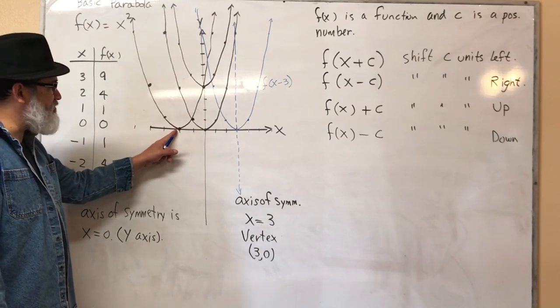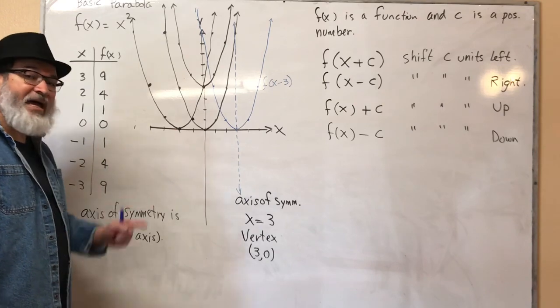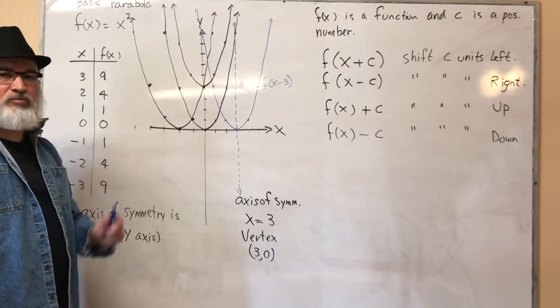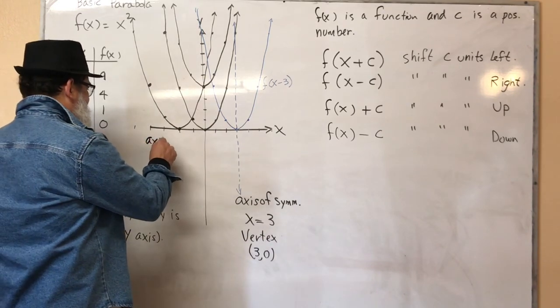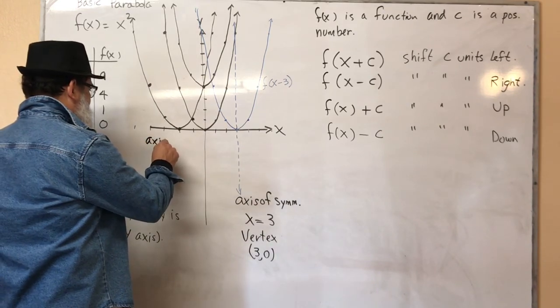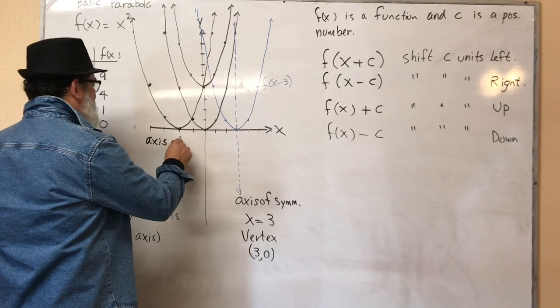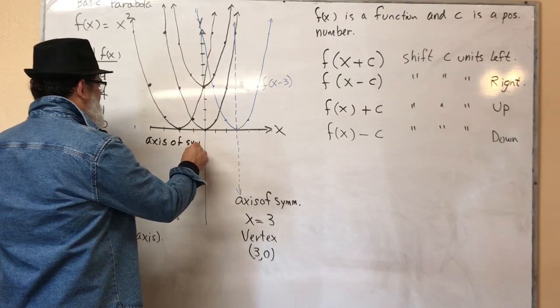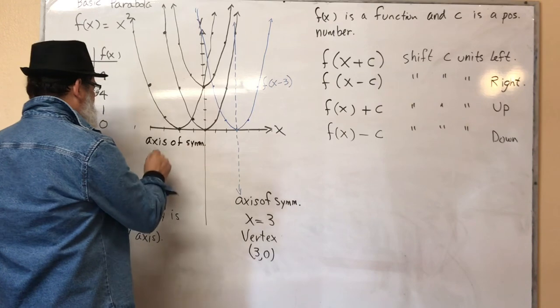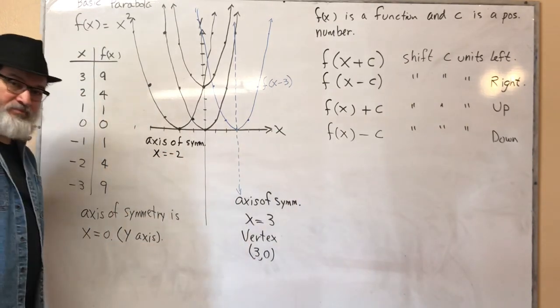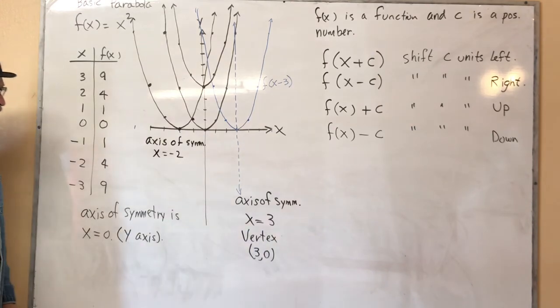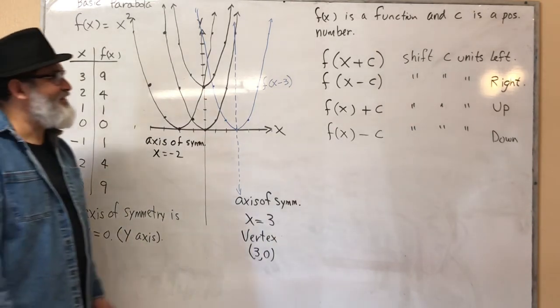The axis of symmetry for this one is x equals -2. Very good. Okay.